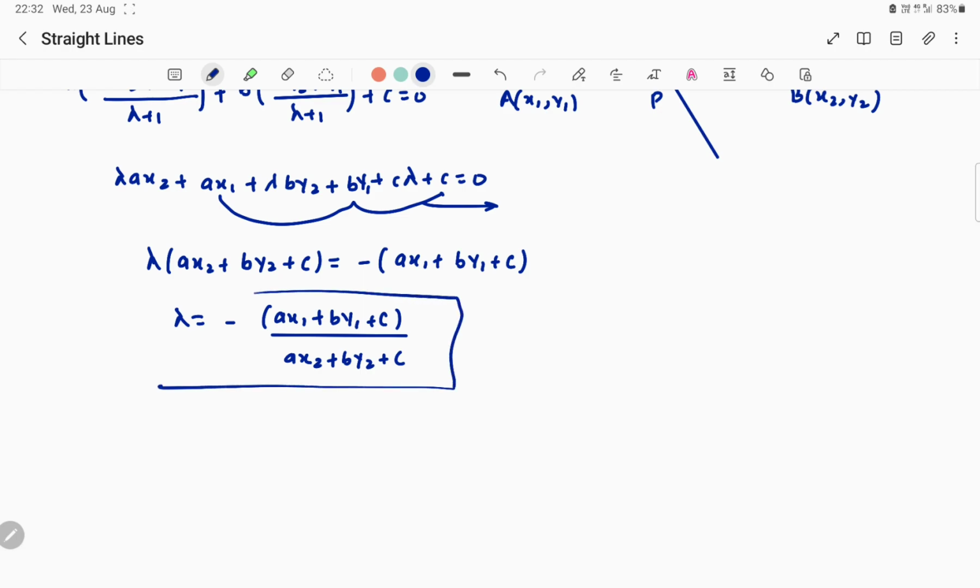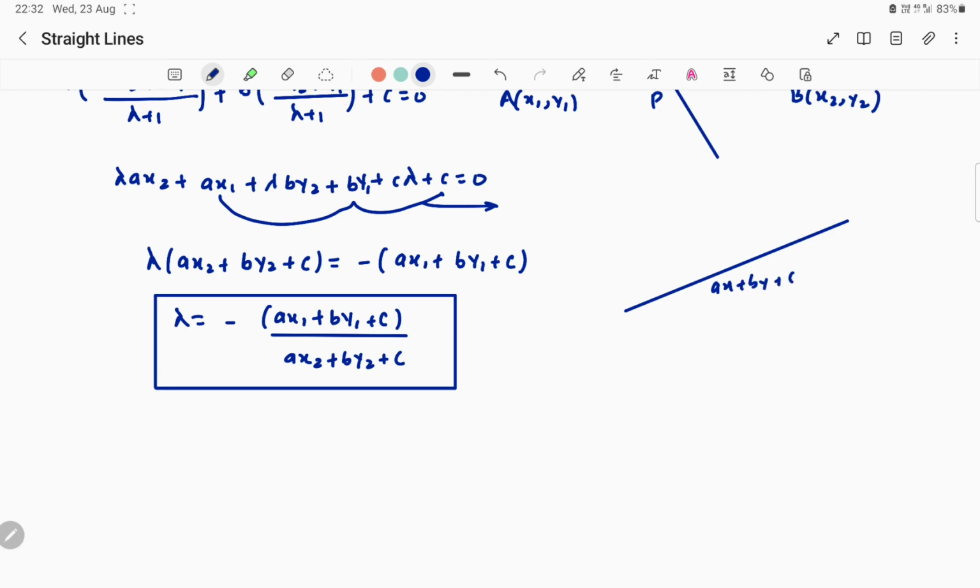Is it okay? Now already we have discussed the position of a point with respect to a line. This line equation is ax plus by plus c. Suppose x1, y1 is here, and x2, y2 is here. You can see both the points are on the opposite side. What we learned in the last lecture is that if two points are on the opposite side, the values of a x1 plus b y1 plus c and a x2 plus b y2 plus c will be of opposite sign.